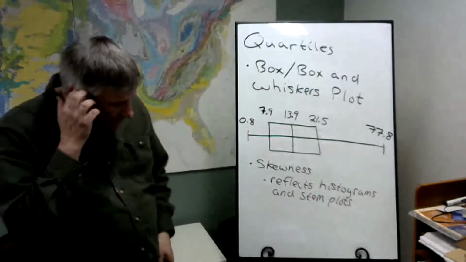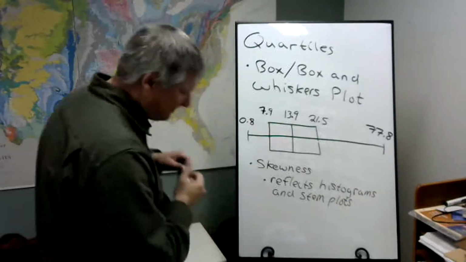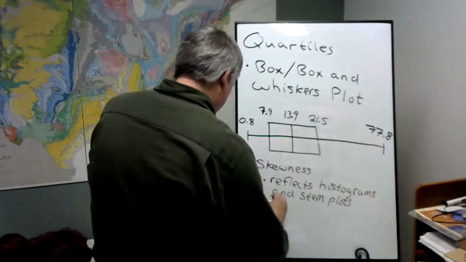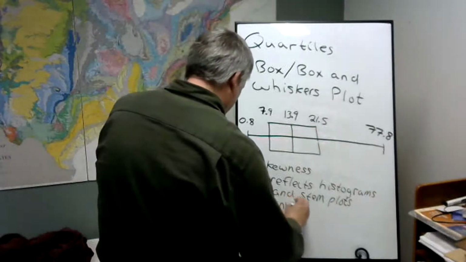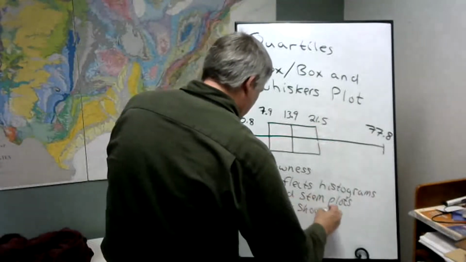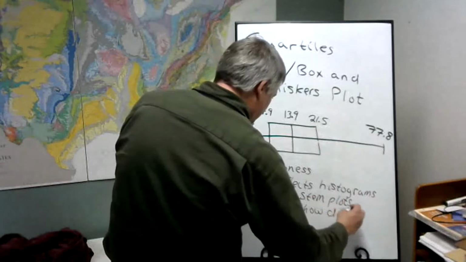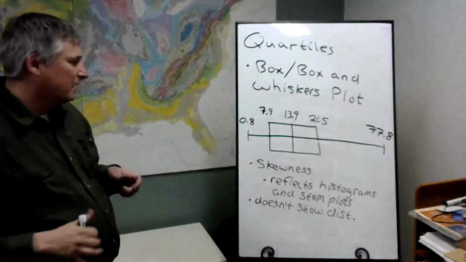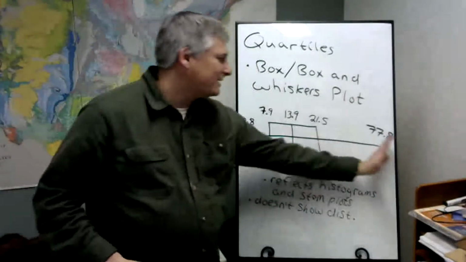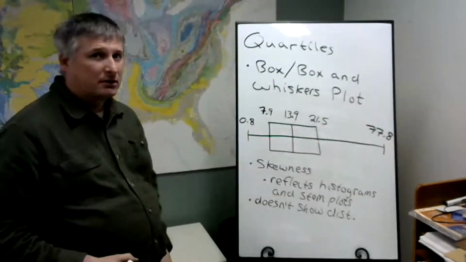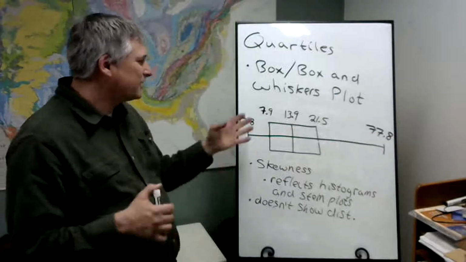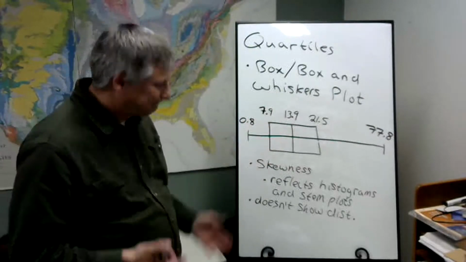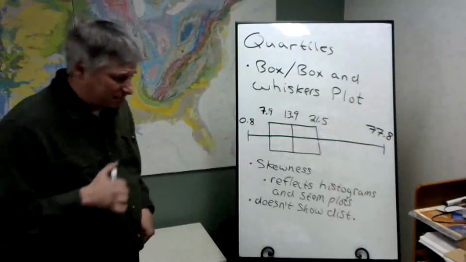Now, there's one thing about this that it doesn't do. It doesn't show distributions. It gives us an idea of how the data is spread out, but we don't have a very clear sense at all about frequency here. But we do get some idea of how the data is spread out.